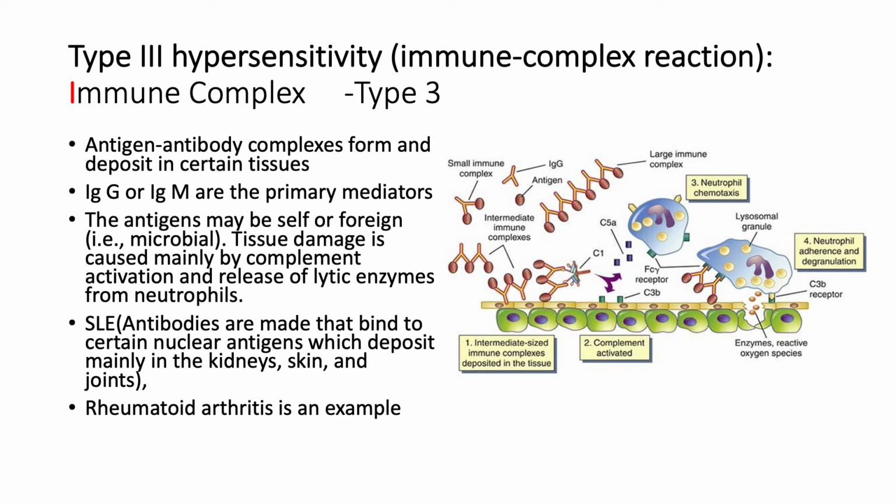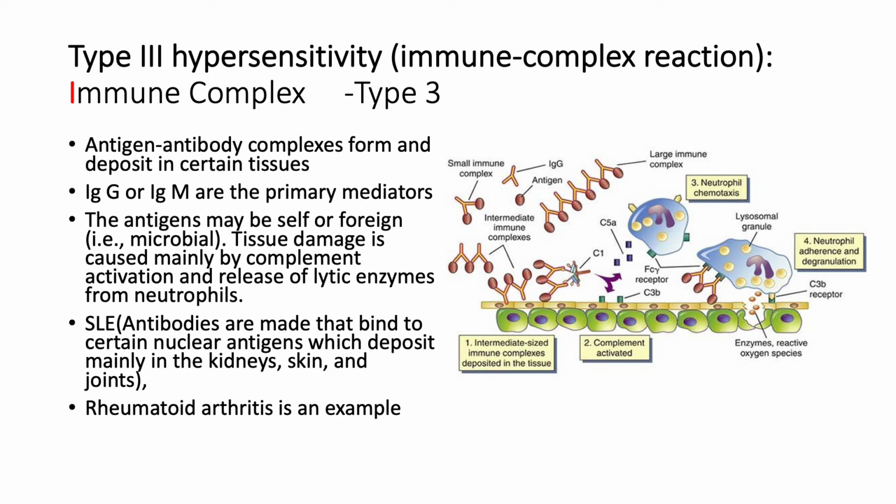As you see, antigen-antibody complexes form, and they deposit in certain tissues. For example, in systemic lupus erythematosus, antibodies are made that bind to certain nuclear antigens, which deposit mainly in the kidneys, skin, and joints. For rheumatoid arthritis, that is in the joints.